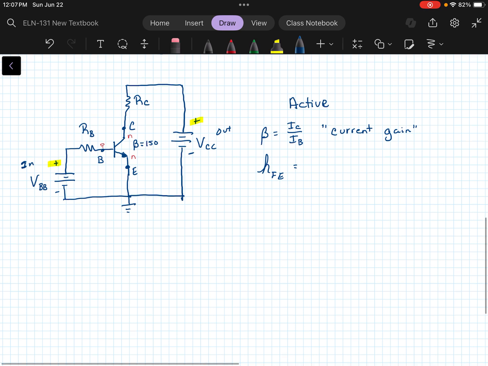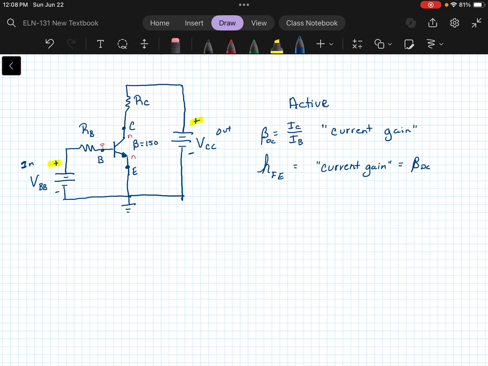You don't need to worry about all that, but it is also the current gain, which is the beta. We call that the DC beta because it's referring to the DC current gain, and AC will come later. But again, the HFE is the same thing as the beta.